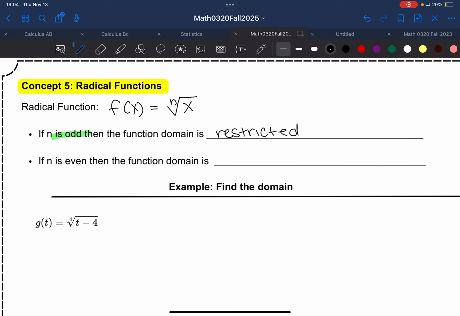So for example, if we had a square root, could we take the square root of negative 5? No, which means the restriction on that square root would be that negative 5. We can't have that negative 5 inside of there. Then it says if n is even, the function's domain is all real numbers. Or you can do the fancy R.